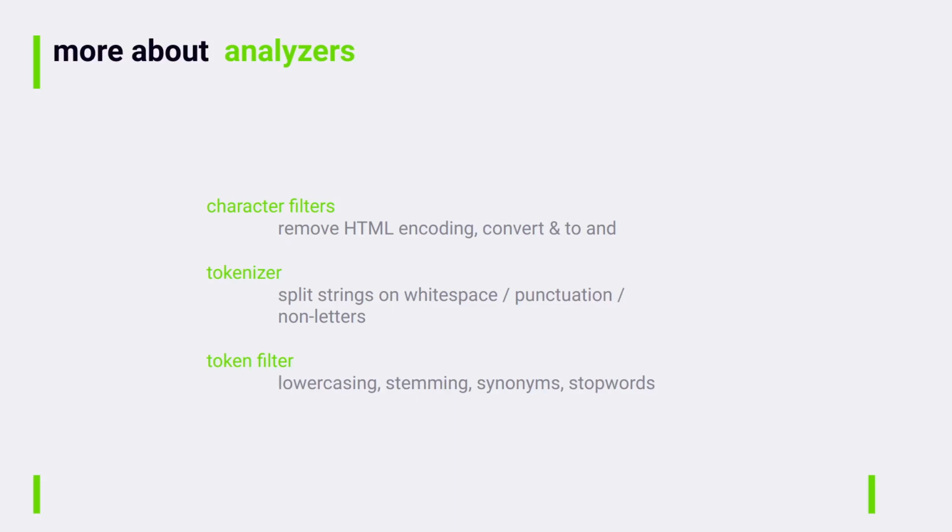Like going and gone and go, the root word is go. For synonyms, we can specify them. Stop words are words like a and the, and we can choose whether to include them in our search or not, because stop words occur very frequently and we don't want them to be part of our searching.